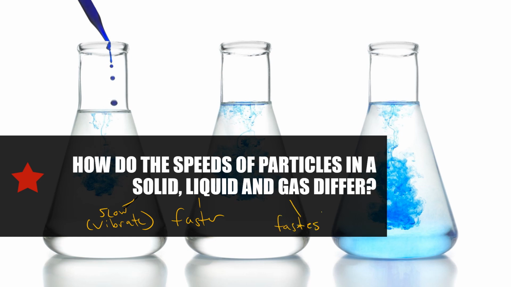Now, it is because of this speed that what you'll actually see is the amount of volume change. So in a solid, your volume is pretty tight. They're compressed, they're together. In a liquid, it spreads out a bit, and in a gas, it spreads out more to accommodate that high velocity.